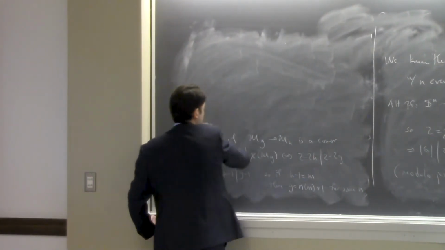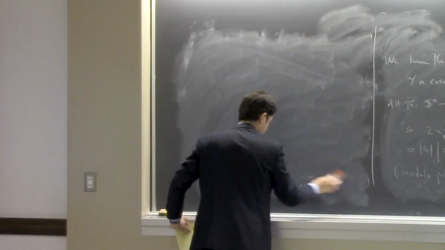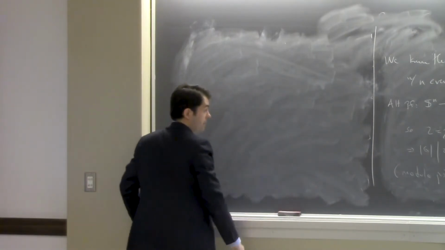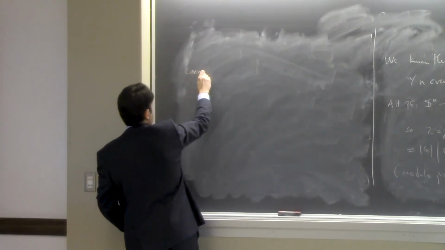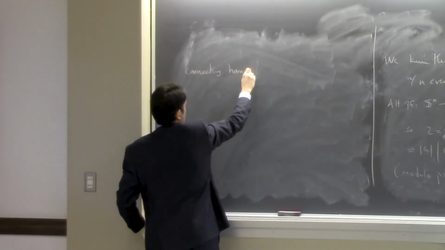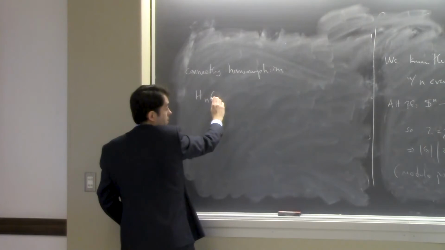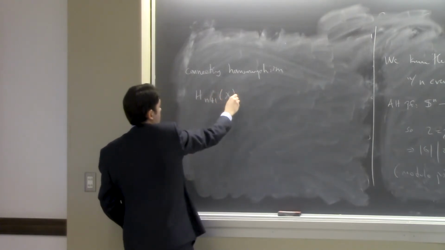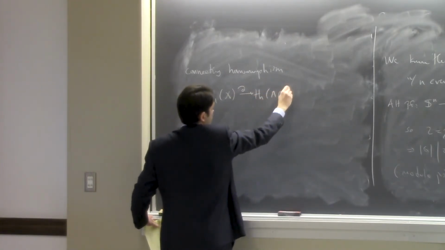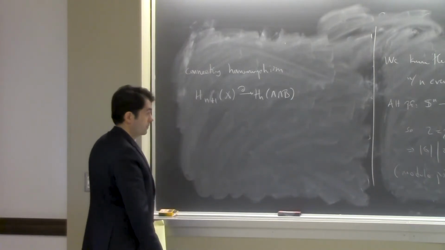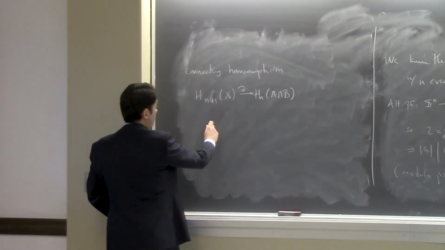We can be explicit about what the connecting homomorphism is. So the connecting homomorphism would go from H n plus 1 of X to H n of the intersection. And here's how it works.